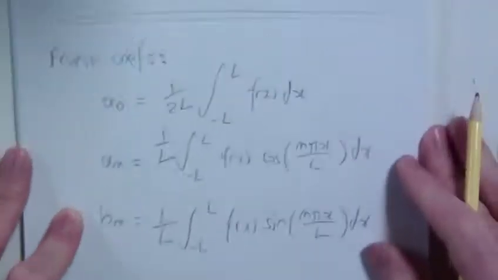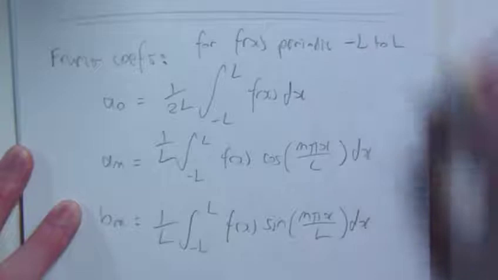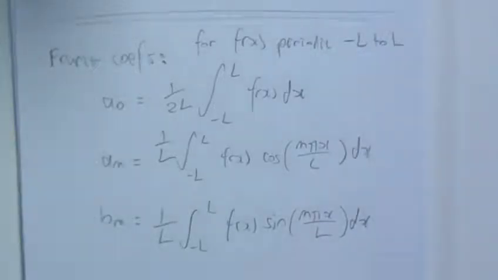And this works for f of x periodic, and it goes from minus L to L, basically, and then it repeats itself outside that domain.